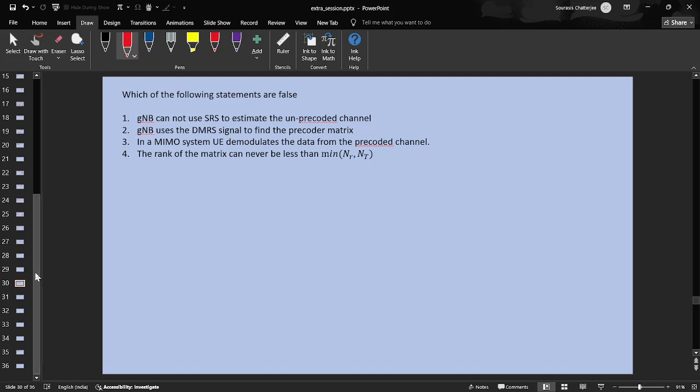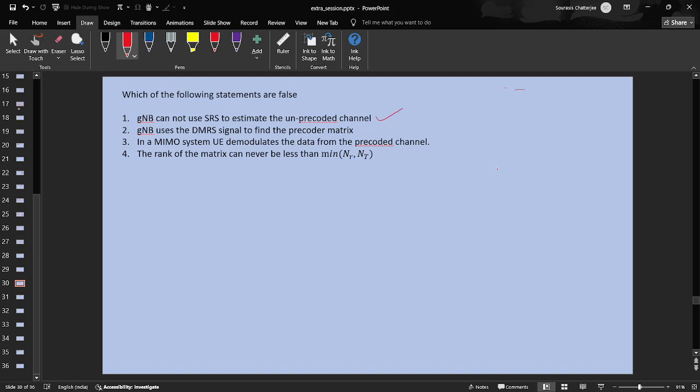What about the following statements, the incorrect ones we are supposed to find? The gNodeB cannot use SRS to estimate the unprecoded channel, is that false? It can use it, so it is false.